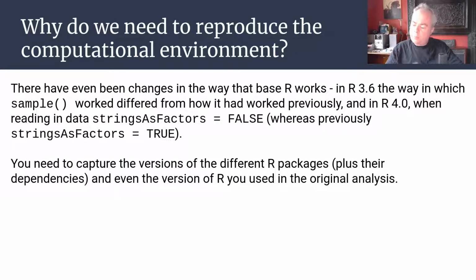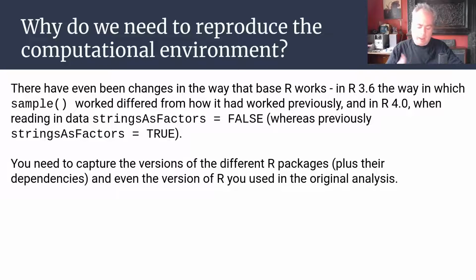So that's a focus on differences in packages, but there have also been differences in the way that R itself works. What was discovered in R 3.6 was that the previous versions of the sample function actually had a slight problem with them. So the sample function was effectively rewritten in R 3.6.